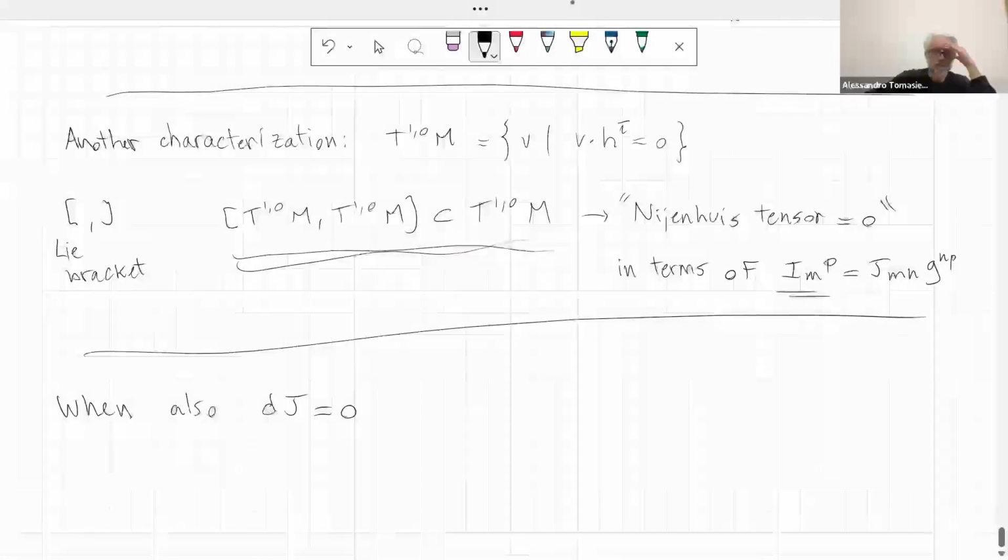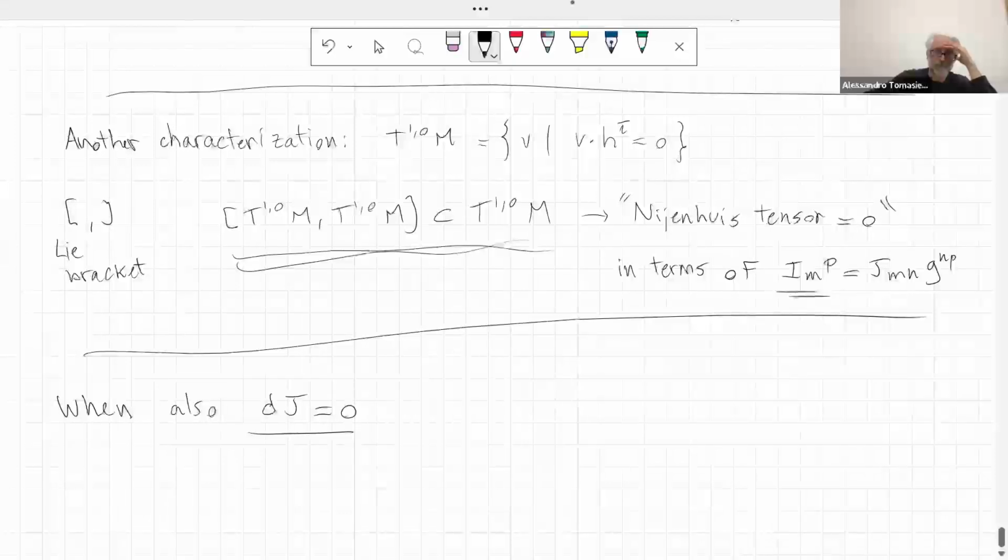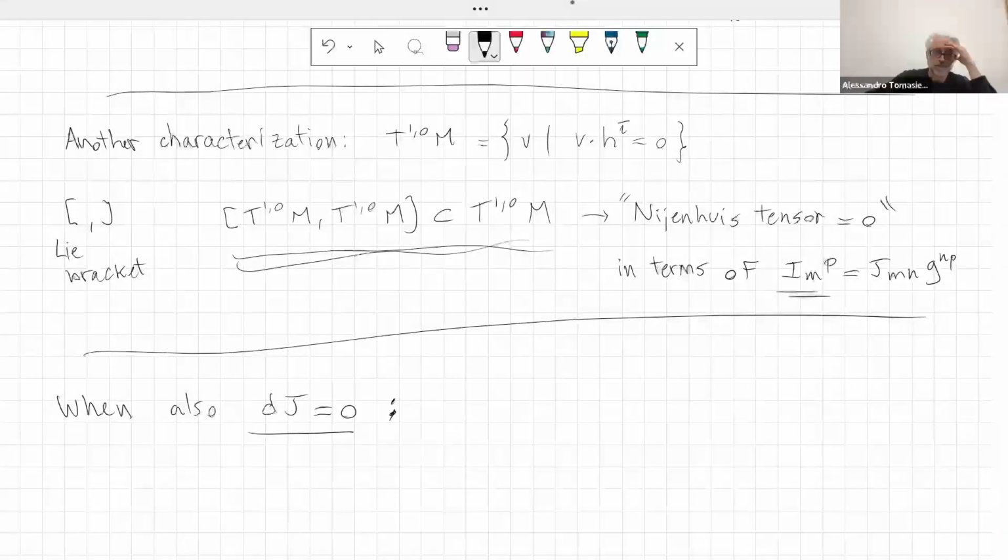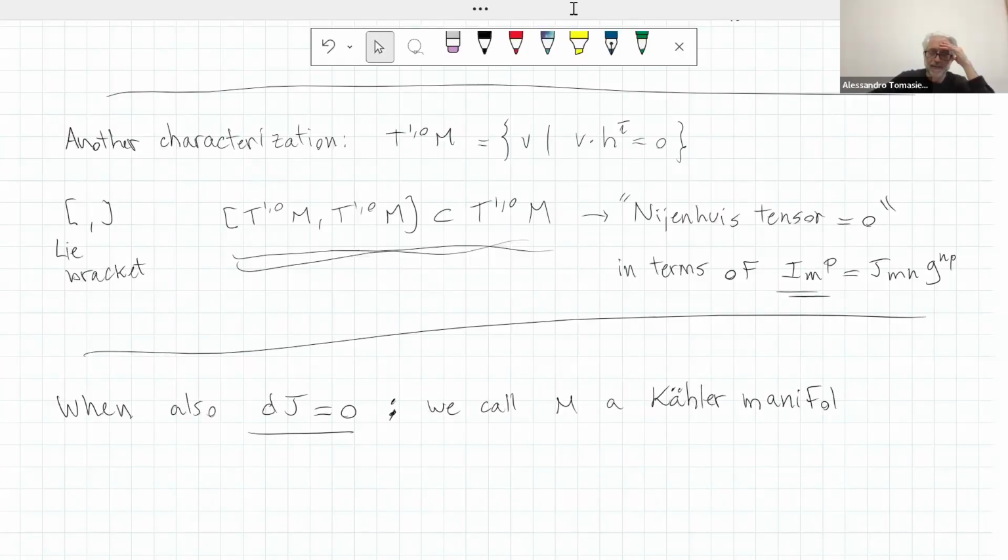If moreover this is true, we say that our manifold is scalar.